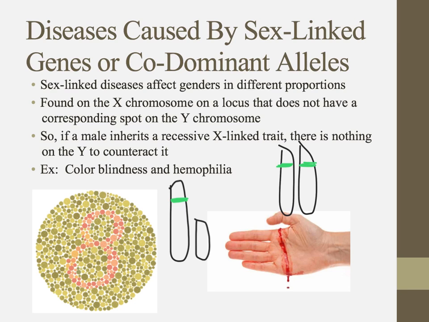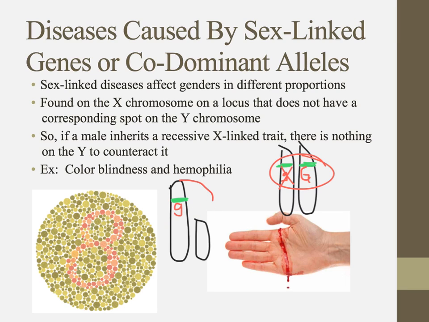So if I inherit some kind of recessive gene on one X chromosome, but I have a dominant gene on the other one, then I'm going to display the dominant phenotype. This one will be masked. Unfortunately, if you're a male and you receive a recessive gene on one X chromosome, there's nothing on the Y chromosome to counteract that.